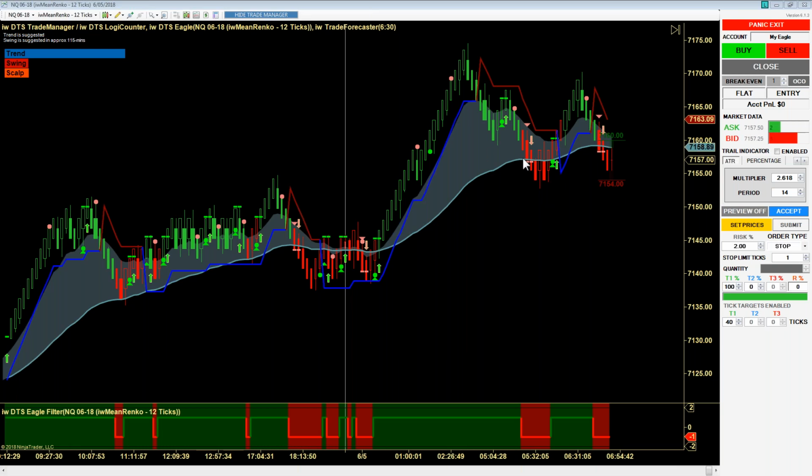Now, normally with the rule of three signal, what we see is three counter trend attempts. But we do have all the parameters for a rule of three here after the second one.